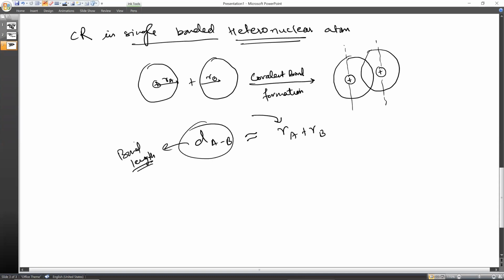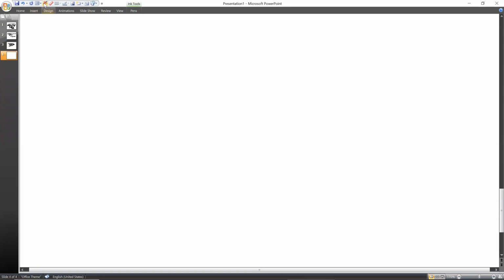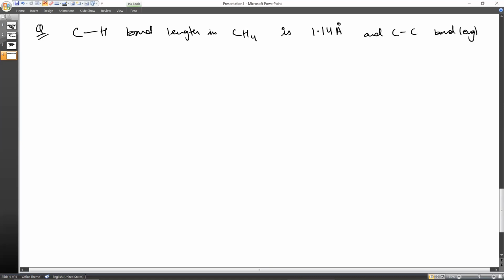Now if I talk about the CH bond length in CH4, take this example question: the CH bond length in CH4 is 1.14 angstrom, and the CC bond length in C2H6 is 1.54 angstrom.